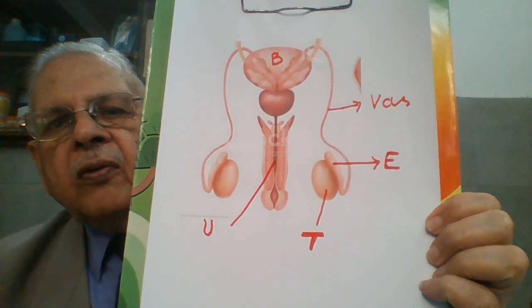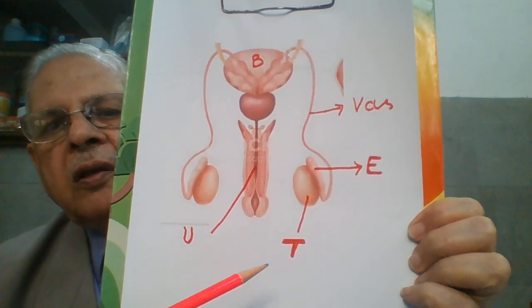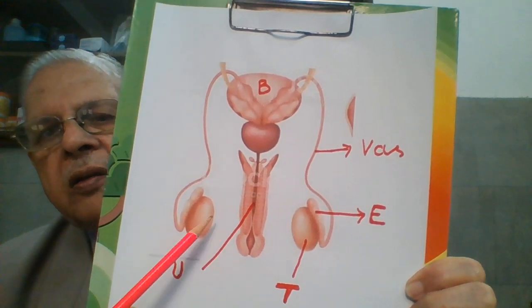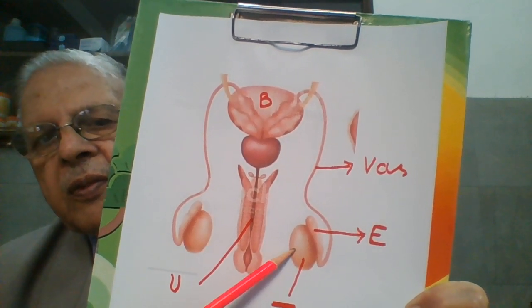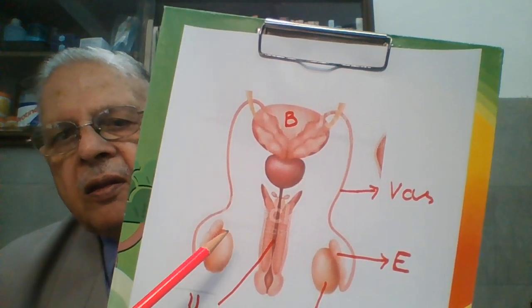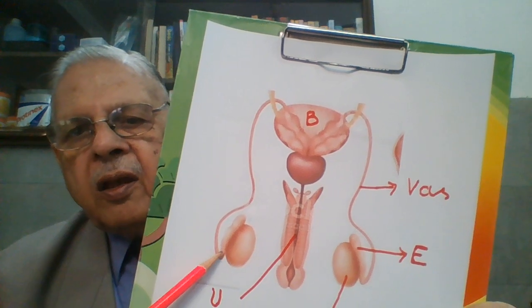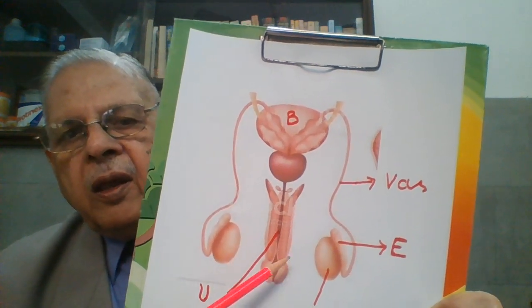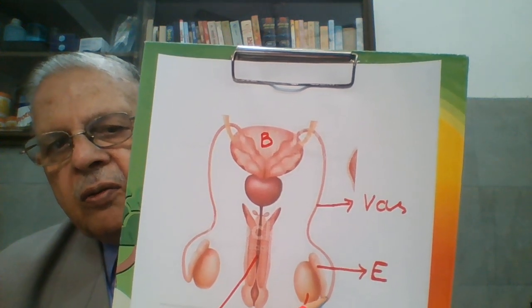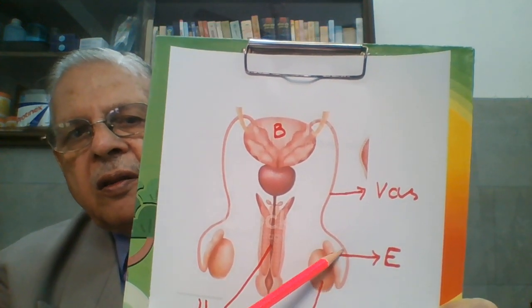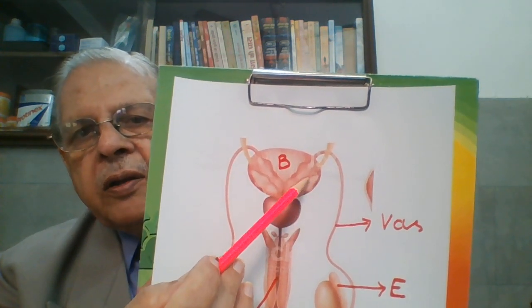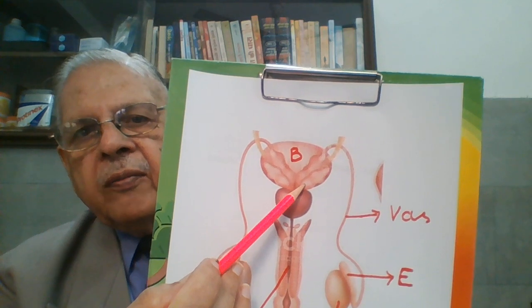Now if you look carefully, this T is marked for testes. Both sides you have testes. On the top of testes, this structure is called epididymis, and from the epididymis a small tube runs like this up and goes right into the bladder, urinary bladder.